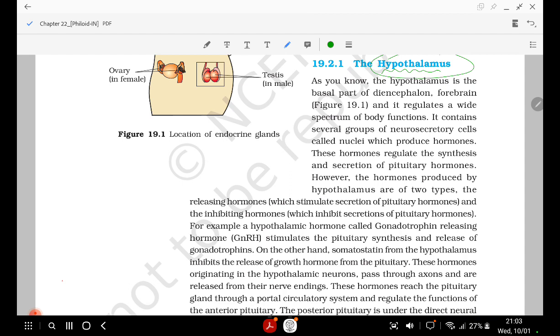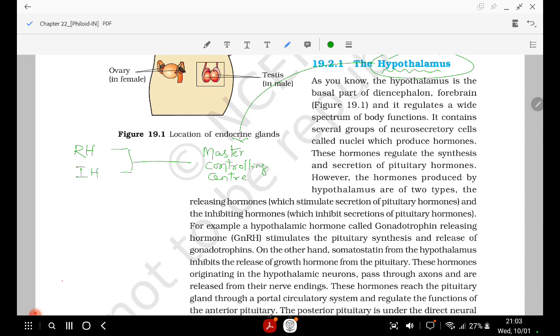In endocrine system, hypothalamus is called the master controlling center, because hypothalamus secretes two important hormones like releasing hormones and inhibiting hormones, that we will see.